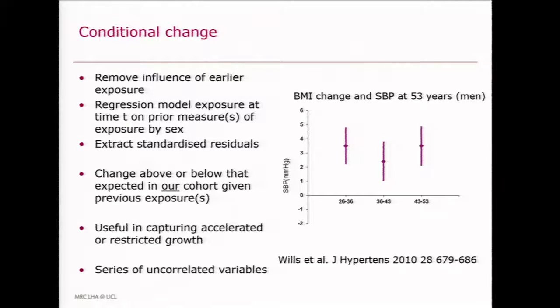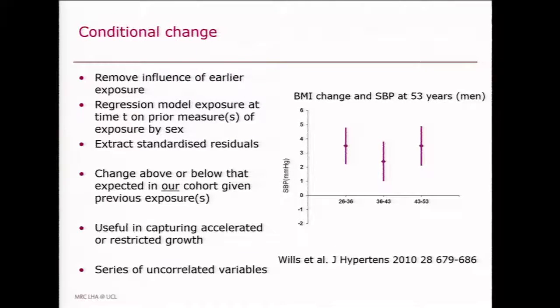Another approach that's used, and this was used a lot by David Barker, as his statistician Clive Osmond has proposed this and used this a lot. Here we remove the influence of earlier exposure. So this is a conditional change model, where you do a regression model of the exposure at time t on the prior measure or measures, and you do this by sex, and you extract the standardized residuals.